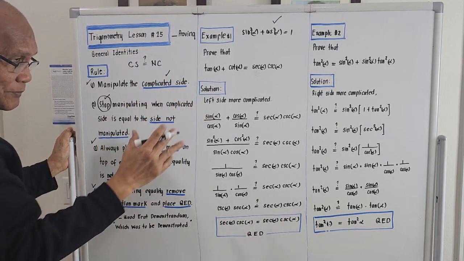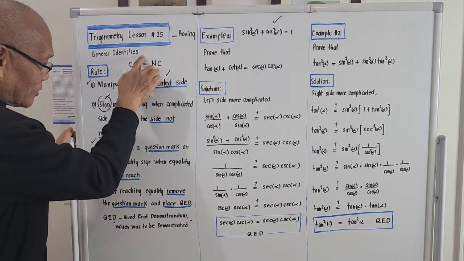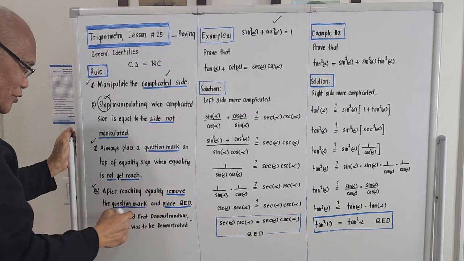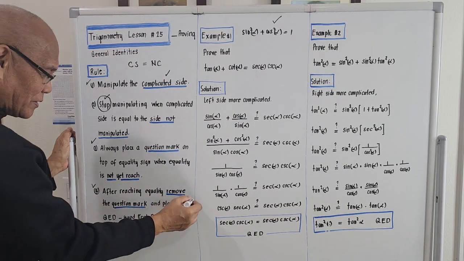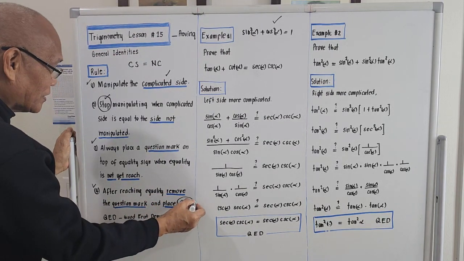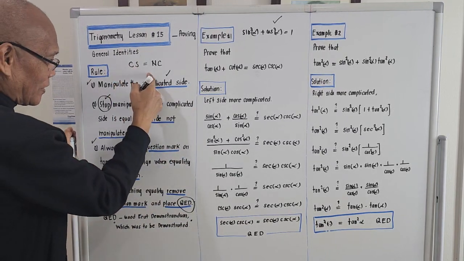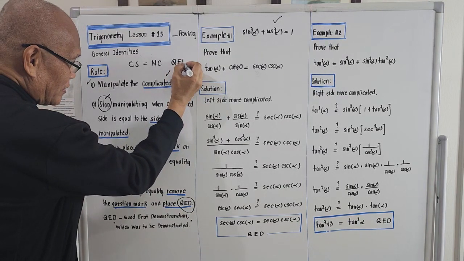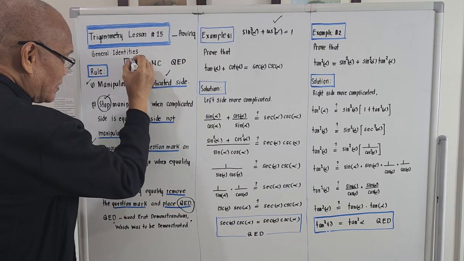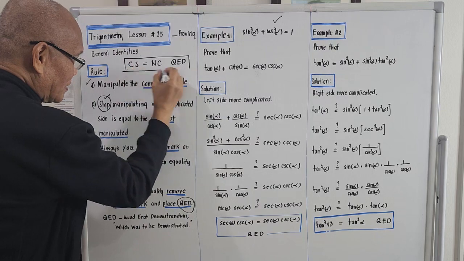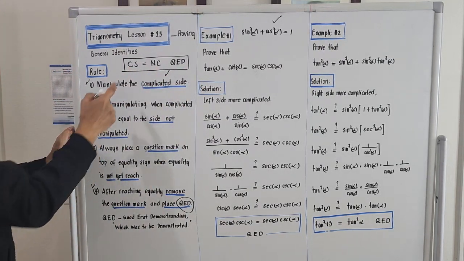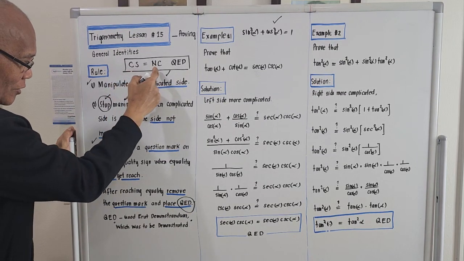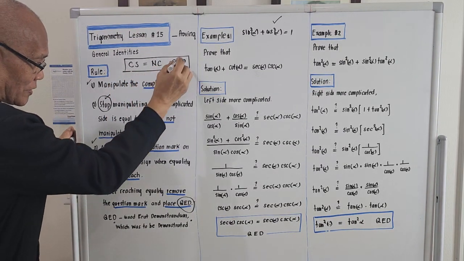But if on the next step they are now equal, try to remove the question mark. Okay? So after reaching equality, remove the question mark and place QED. Place QED. Meaning, if they are now equal, try to place QED beside it. And you have proven the equality of the identity. Meaning the complicated side, after so many manipulations, is now equal to the not complicated side, so we place QED beside it.